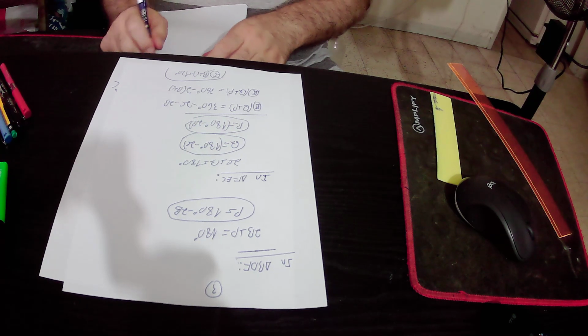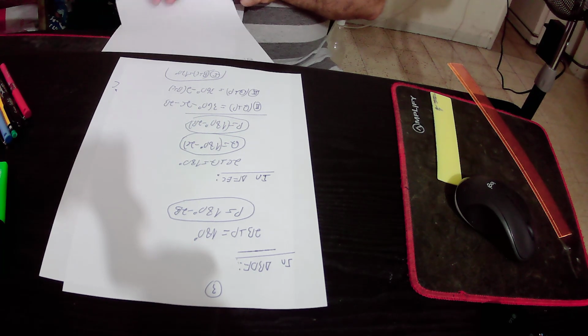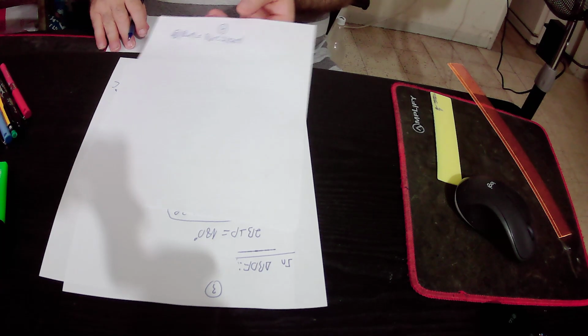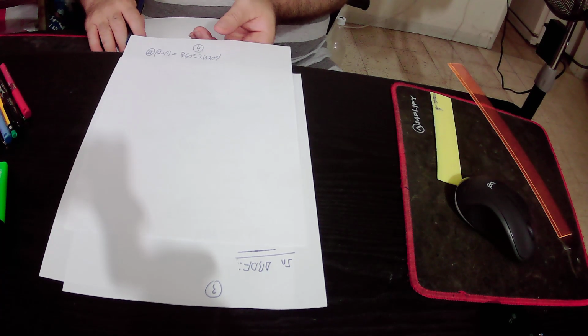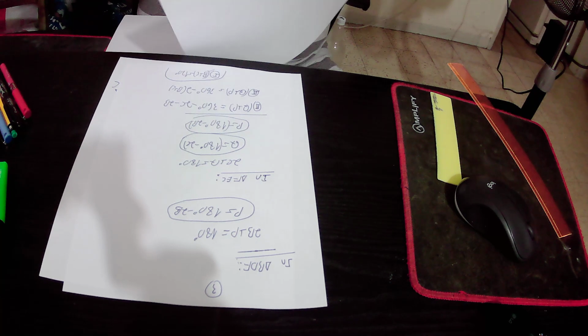Okay, so we got that Q plus P equals 360 degrees minus 2 times 120 degrees. 2 times 120 degrees is 240 degrees, so I will write it down.